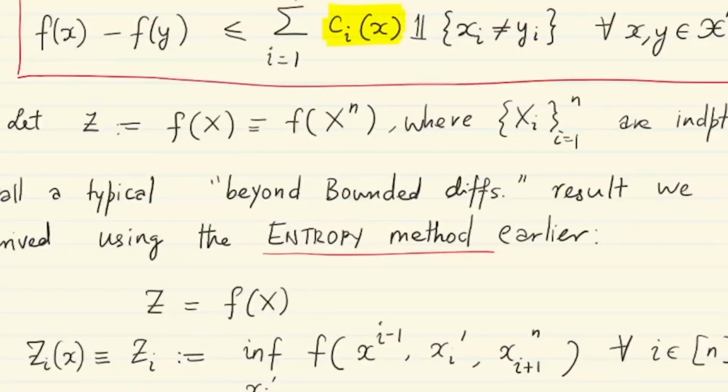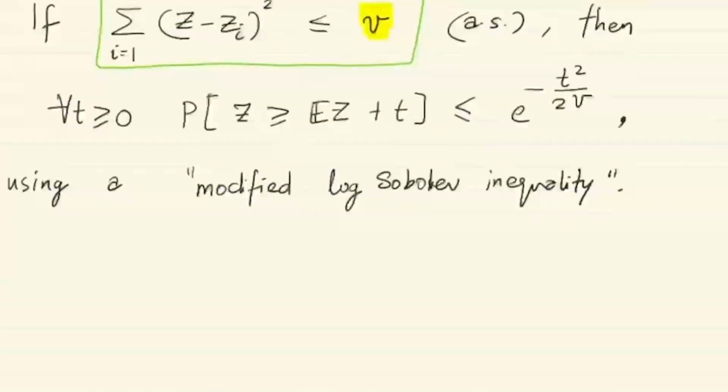Okay, so by analogy you can just sum over all n coordinates of the squares of the differences to get summation ci square x as a proxy for v.